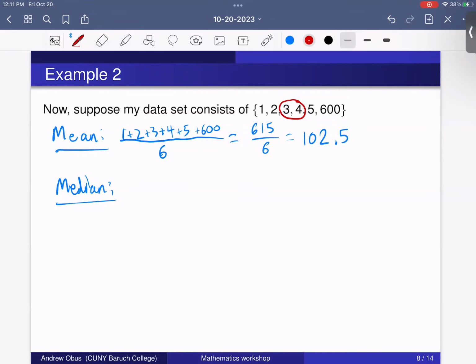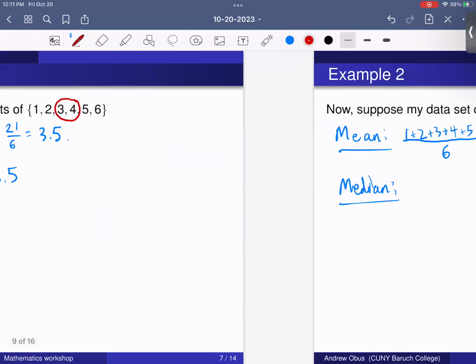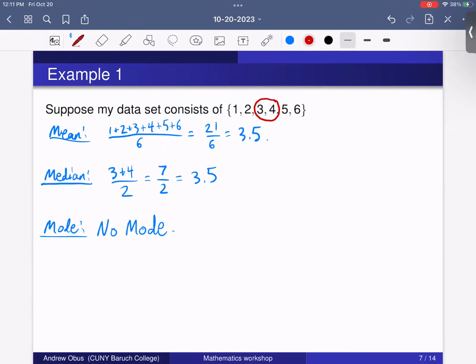Sorry, William, your hand is up? Yes, sir. For the past question you solved, where you said the mode is 0, you said no mode. But if you don't have a mode, can you say the mode is 0? No, you should not say the mode is 0.